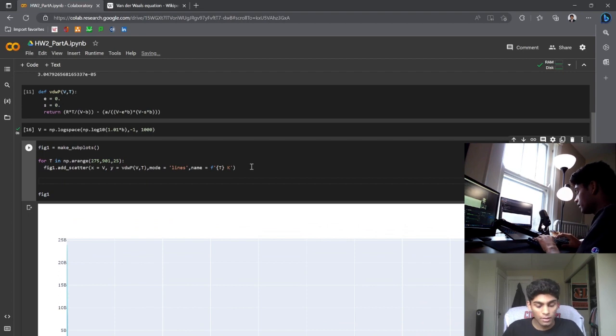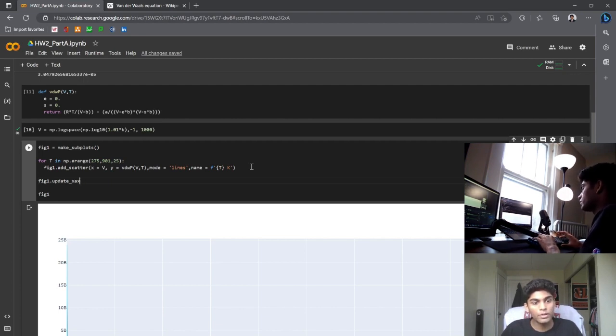So let's go ahead and we're going to go fig1.update, spelling is hard, update x-axis.